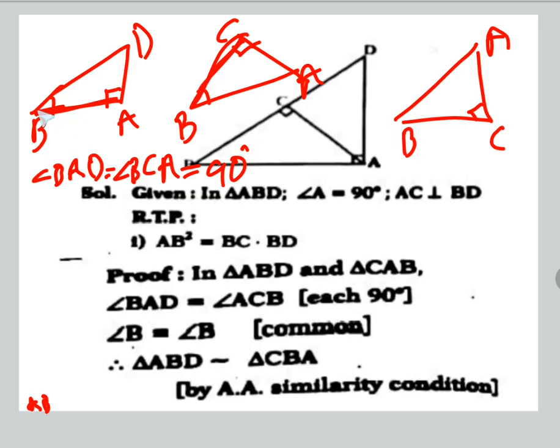AB by BC is equal to BD, the hypotenuse, by AB, and the other side AD by AC.